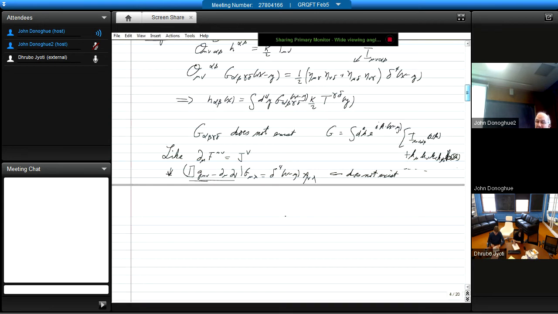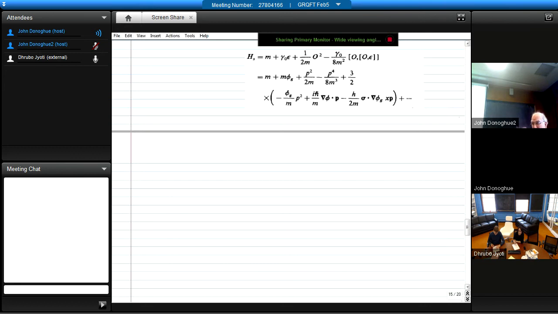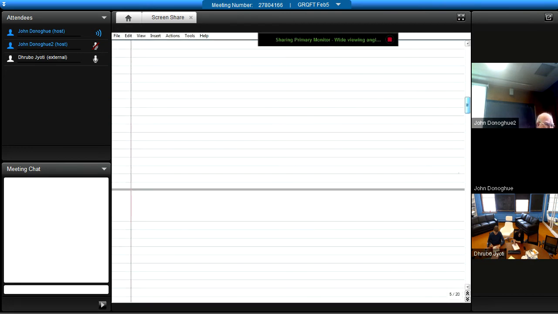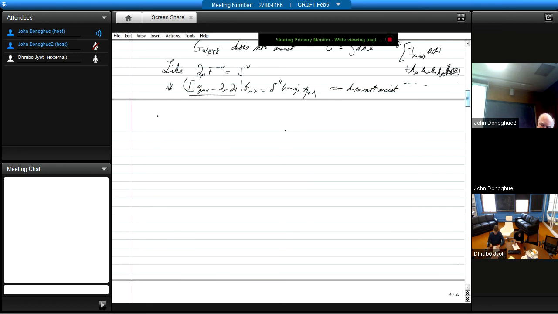So that's what we're going to do here. We're going to do gauge invariance for this, and then we'll choose a gauge to make this a simpler equation.